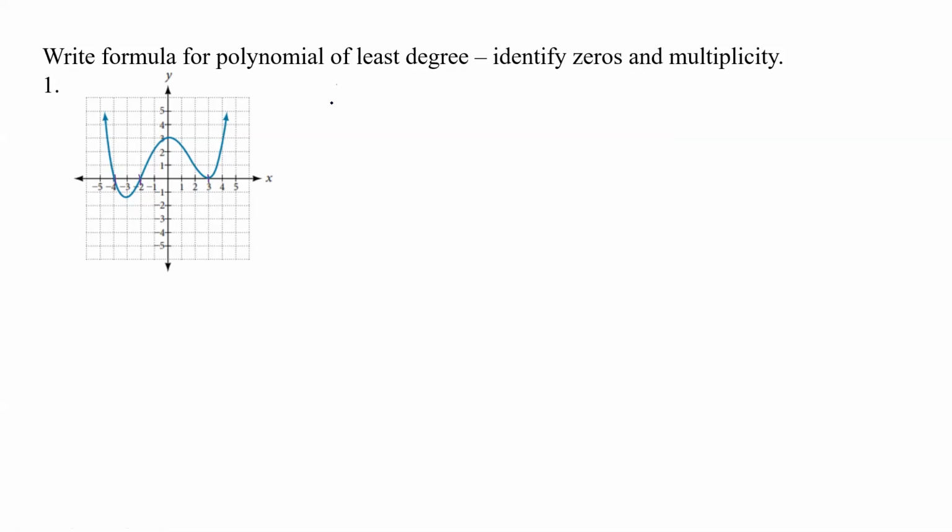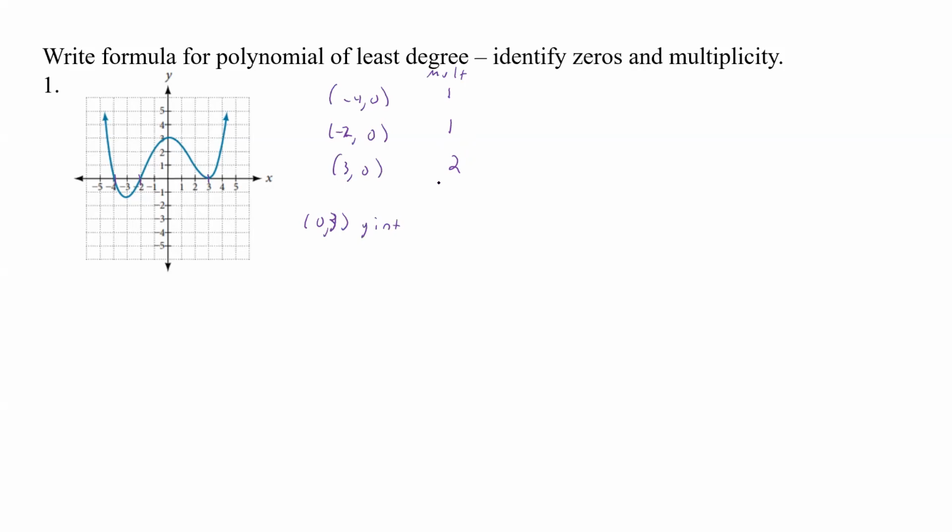So let's say we have a minus 4, 0, and then multiplicity is going to be a 1. And then we have a minus 2, 0. That multiplicity is also 1. And then here we have a 3, 0, and its multiplicity, I'm going to assume, is going to be a 2.